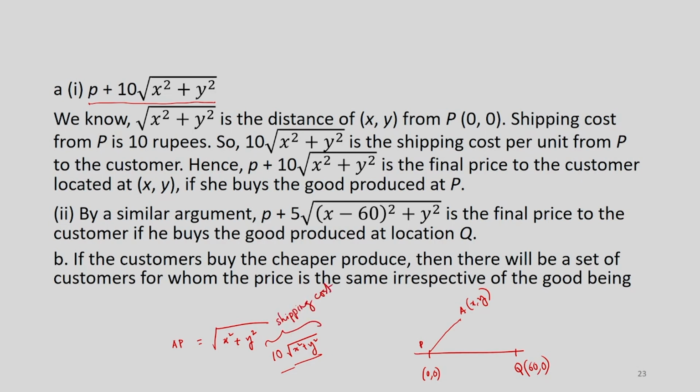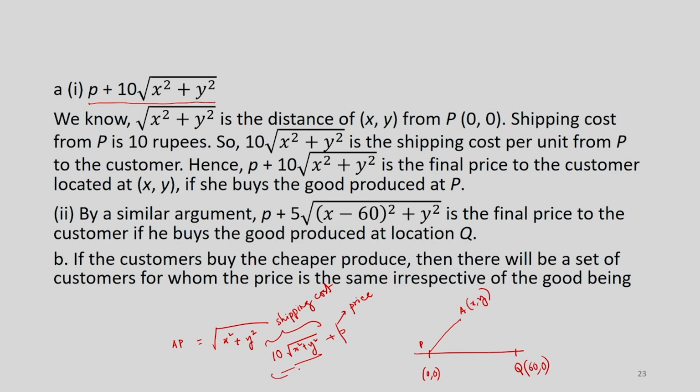Right, and then what is being added to this is this P, small p. What is small p? Small p is the price, which is the price you have to pay. Suppose you are located at capital P itself, then this is the price you have to pay. But if you are located at point A, obviously with the price the shipping cost has to be added.